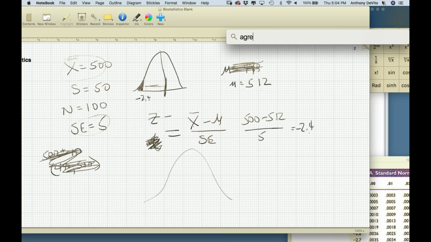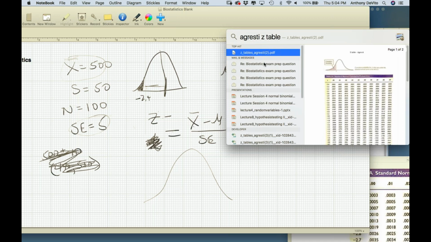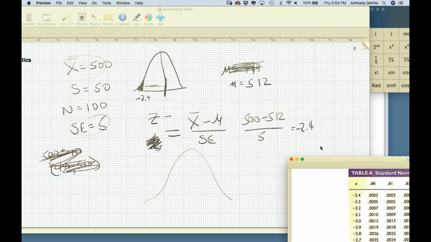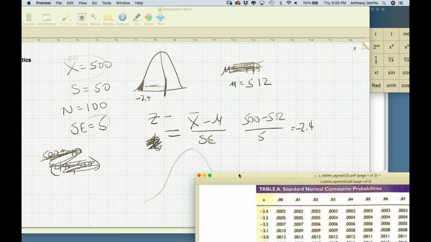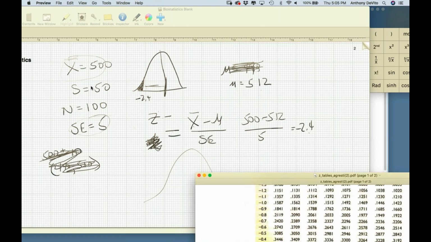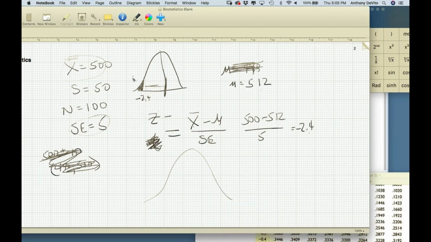Okay, so I'm going to go to my Z table. Here's my Z table. Negative 2.40 gives 0.008, or 0.8%.